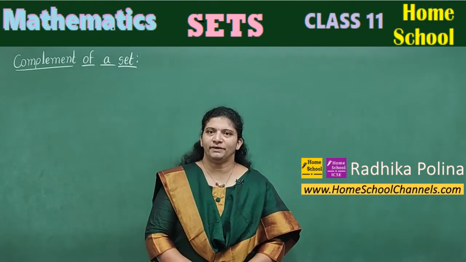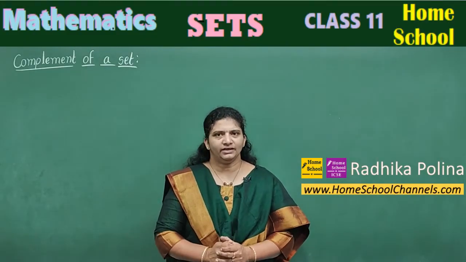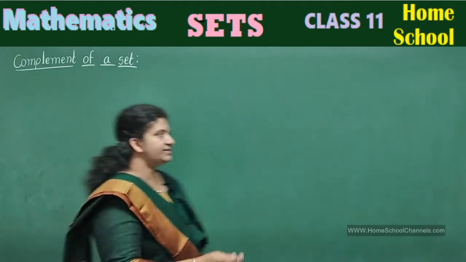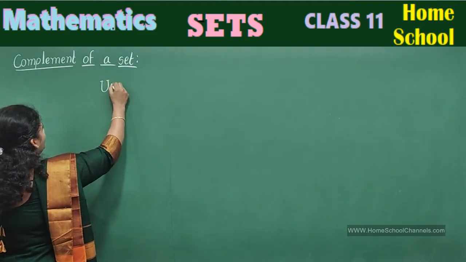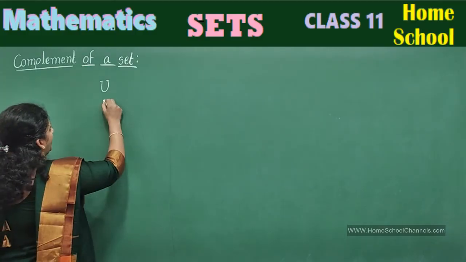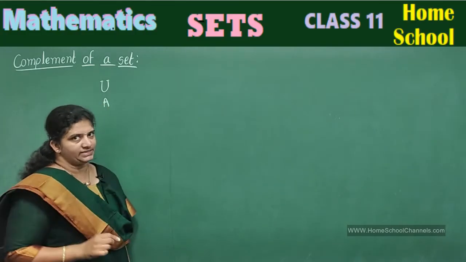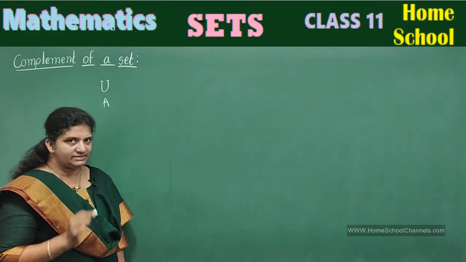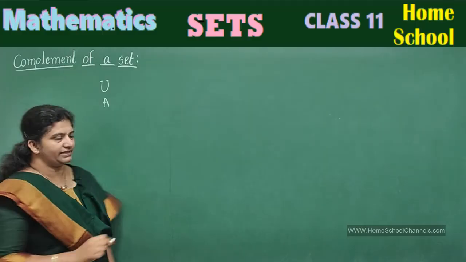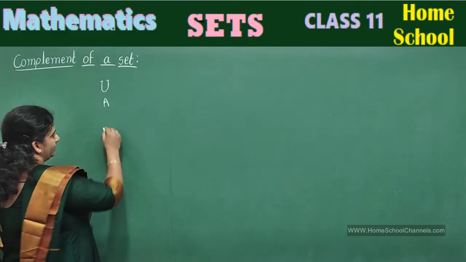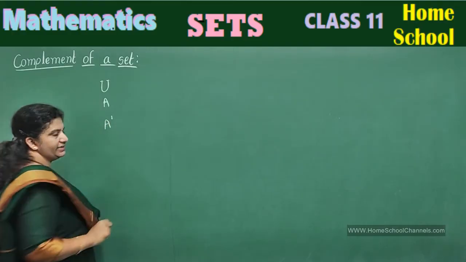What is complement of a set? Let us see the definition. Let U be the universal set and A be a subset of the universal set. A complement is denoted by A dash.